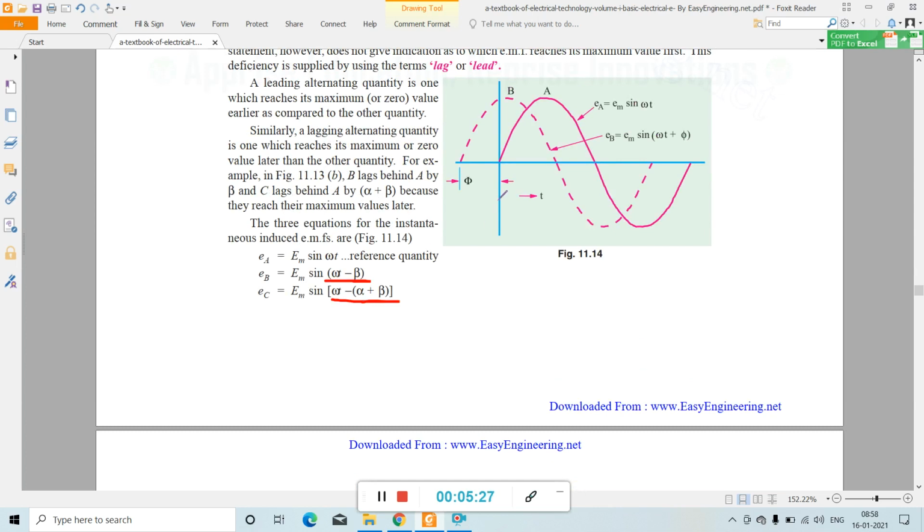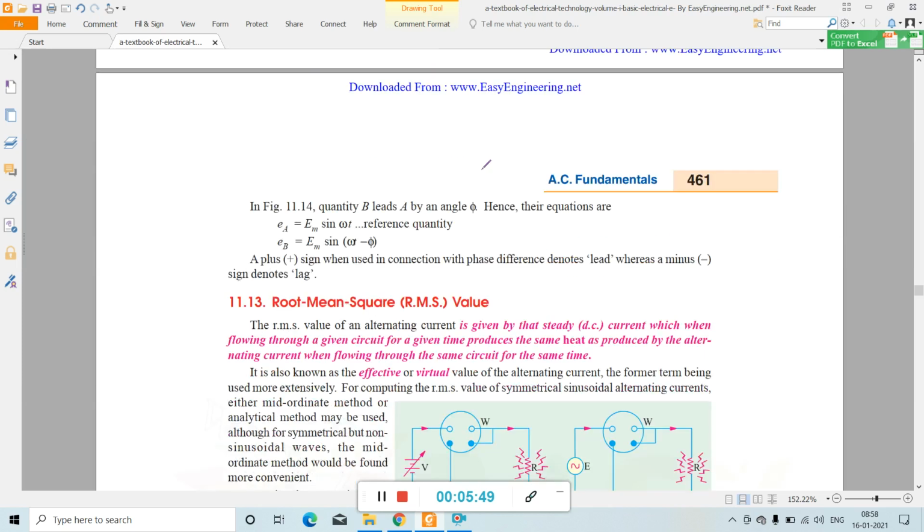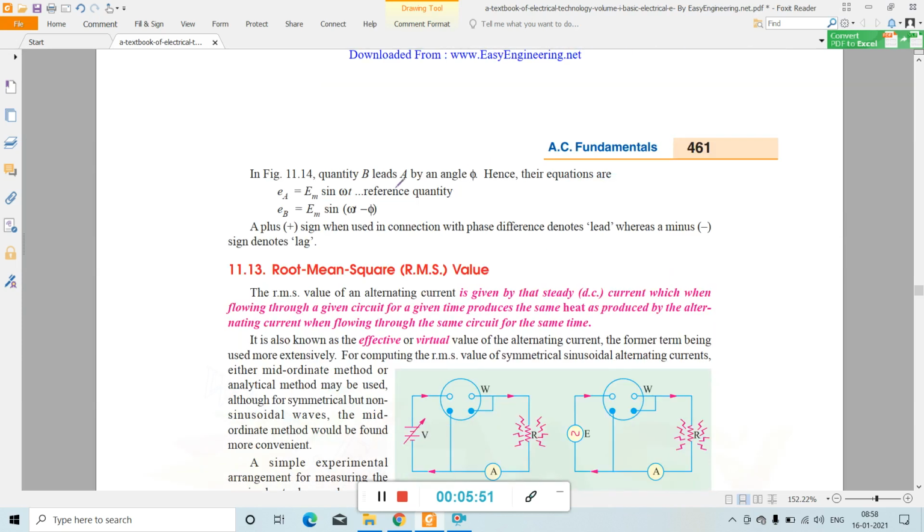See here, this is one waveform B and this is another waveform A. If EA equals EM sin omega t, the maximum level of EB is earlier than the maximum level of A. That means here B is leading. That's why EB equals EM sin (omega t plus phi). Here the difference is phi. So B leads A by an angle phi.